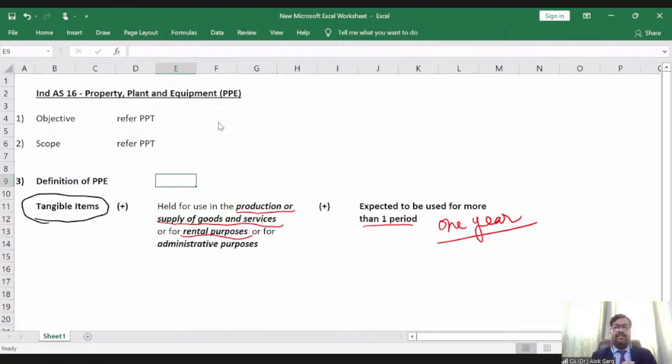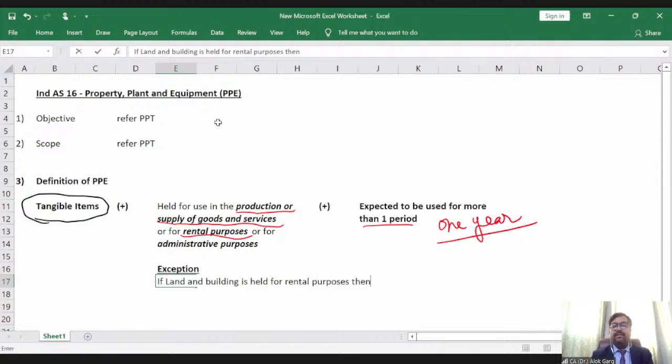But my dear friends, when I am talking about rental purposes, there is an exception to it. What is the exception? Please write down. If land and building is held for rental purposes, then it is not PPE.